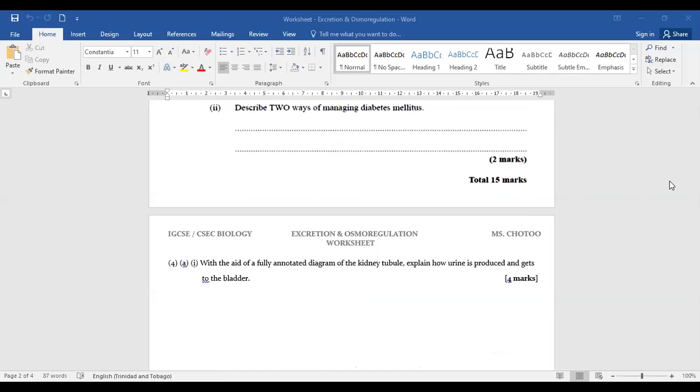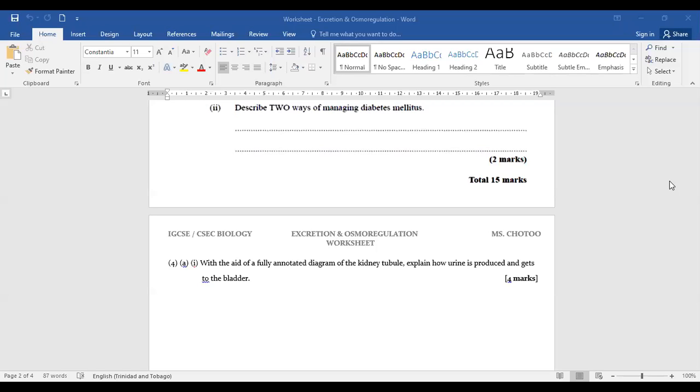So somebody who has diabetes mellitus, what are two ways of managing this diabetes? How could you manage diabetes? You're either insulin resistant, your immune system is attacking those insulin cells, or your body is not producing enough insulin.